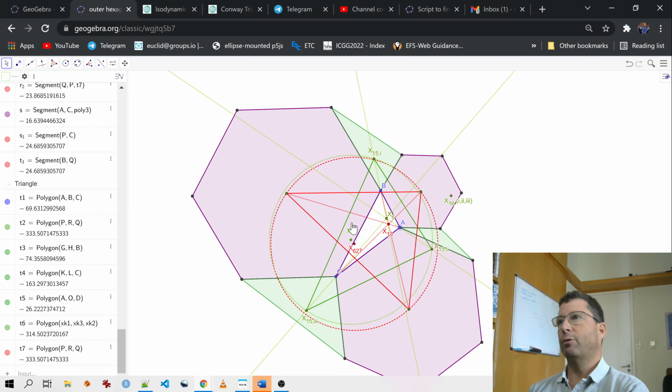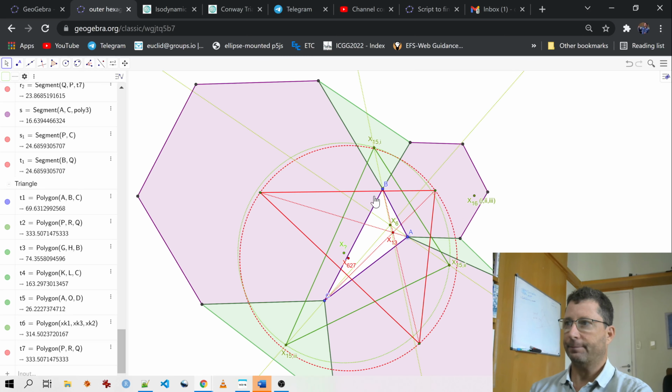Okay, now I have these 3 flank triangles, and the second observation is, let me now compute their first isodynamic points. So here's X15 of the B flank triangle, here's X15 of the C flank triangle, and here's X15 of the A flank triangle. Okay, and I'm going to connect those 3 and make them the vertices of a second triangle we're going to study.